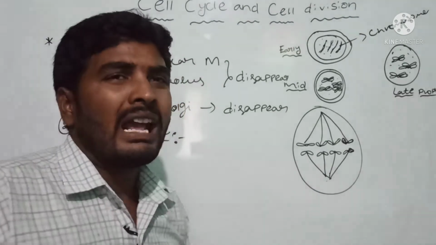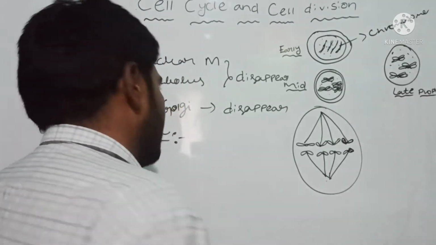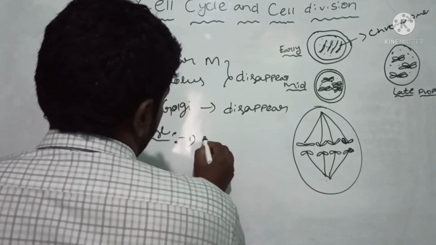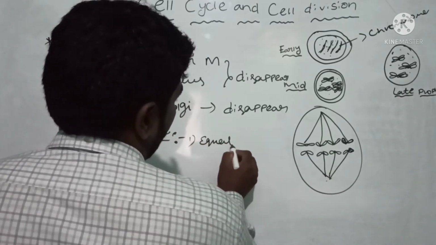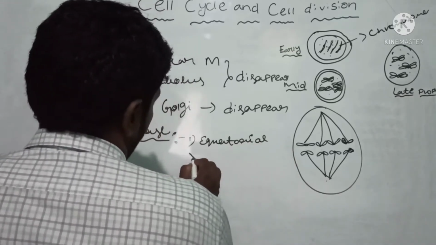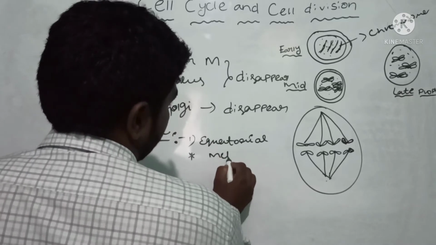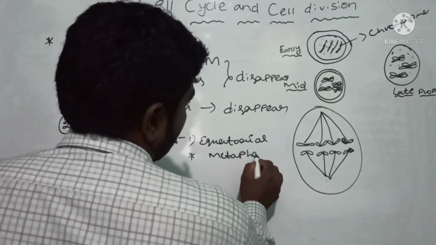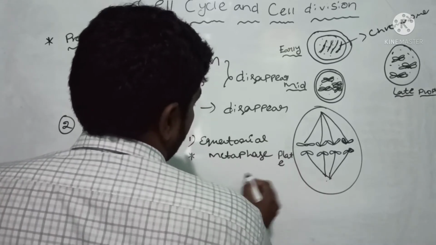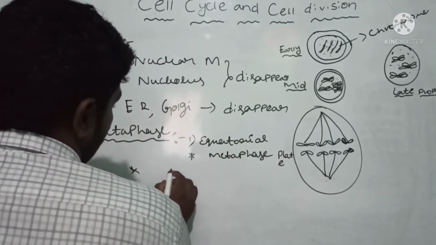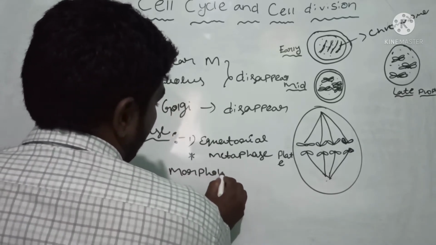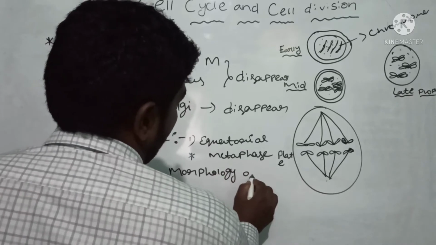So that plate is called the equatorial plate or metaphase plate. That's why it is the best stage for identification of the morphology of chromosomes.